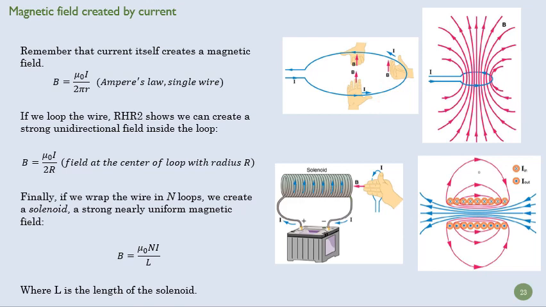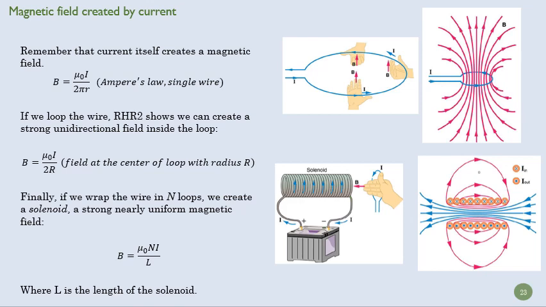Notice that the fingers here are always pushing up through the loop. That makes a nice strong magnetic field through the loop. And if we wrap a whole bunch of wires like this with the current going the same direction, then our magnetic field through that, which is called a solenoid, is going to be consistent all the way through. We get a nice, strong, uniform magnetic field, and we can measure the strength of that field by this equation right here.